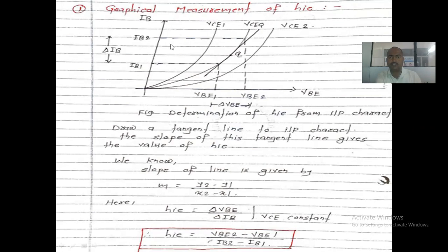So during this, we take different values of VC, meaning we plot VB versus IB at different values of VC, right? VC indicates the collector to emitter voltage, and there are three voltages of collector to emitter.